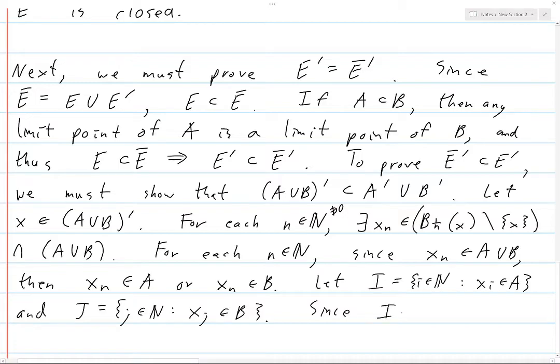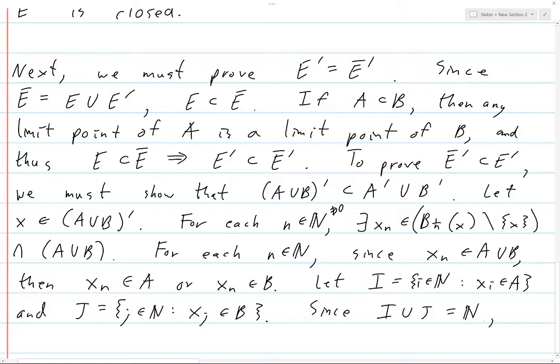Now, I union J is going to be equal to the set of natural numbers, because obviously I and J are both subsets of the natural numbers, and so I union J is going to be contained in the set of natural numbers, but every single x_n is contained in either A or B, or possibly both, which means that the natural numbers are going to be entirely contained in I union J. So therefore these two sets are equal.